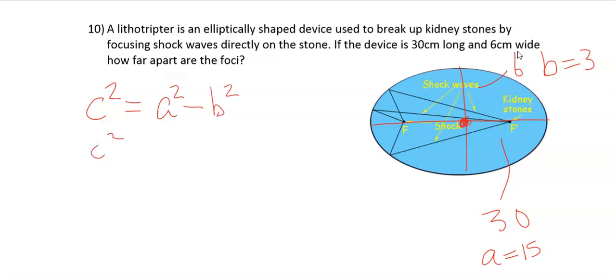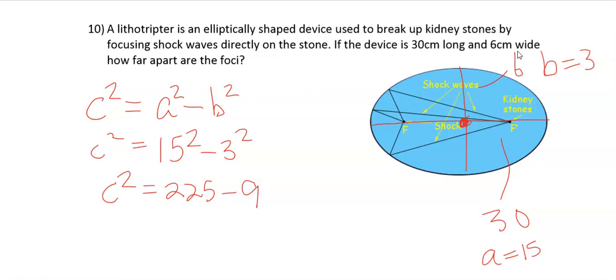So c squared would equal 15 squared minus 3 squared. Okay, so that would be 225, subtract 3 squared is 9. c squared would equal 216.